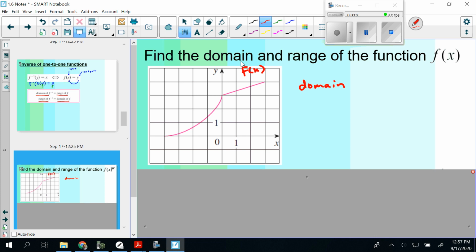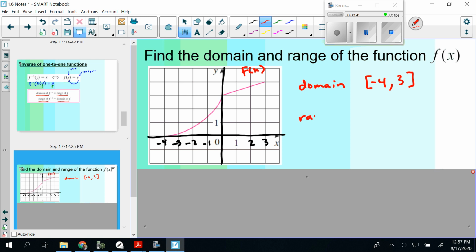Let's block in our axes so we can see a little better. It looks like it goes from -4 over to 3. So our domain, using interval notation, is -4 to 3, including those two points.